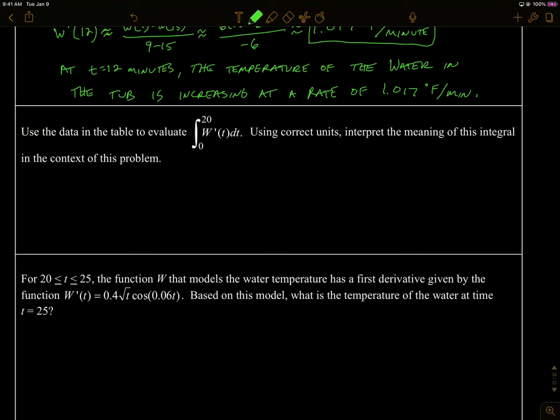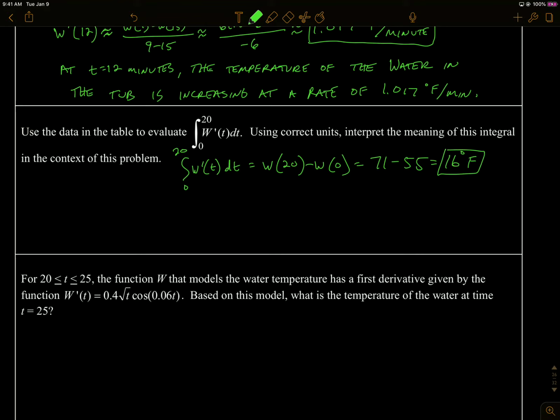So the next one, use the data to evaluate the integral from 0 to 20 of W prime of t dt. Using correct units, interpret the meaning of the integral in this problem. So the integral, we don't have to estimate, right? We can find the exact one because when we integrate W prime, we get W, and we can pull that information right off the table. And now we're integrating the rate, so we're back to just degrees Fahrenheit.